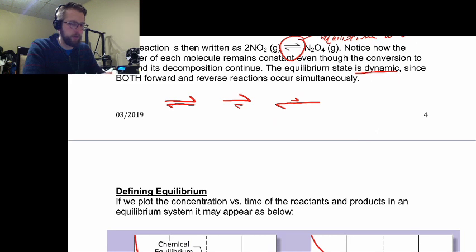This one in the middle, the products are favored, but there is some reverse reaction happening. The last one is that there is a little tiny bit of forward reaction, but mostly the reaction favors the reverse. We'll get into that in a second.